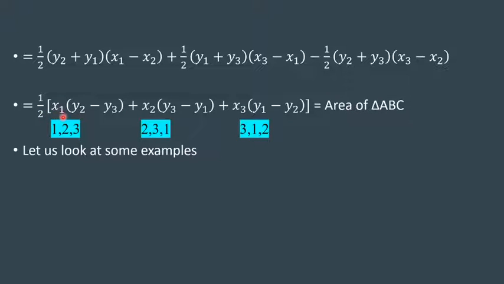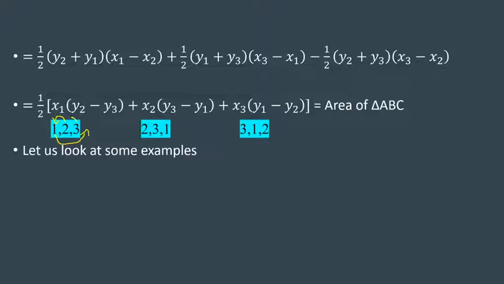It's like a cycle. It's very hard to remember the formula at first, but you can remember it in this way, which I used to learn. So first write the term 1 2 3. It will be nothing but x1 into y2 minus y3, and then apply a cyclic procedure. What is a cyclic procedure? It is basically shifting one number from the front to the back.